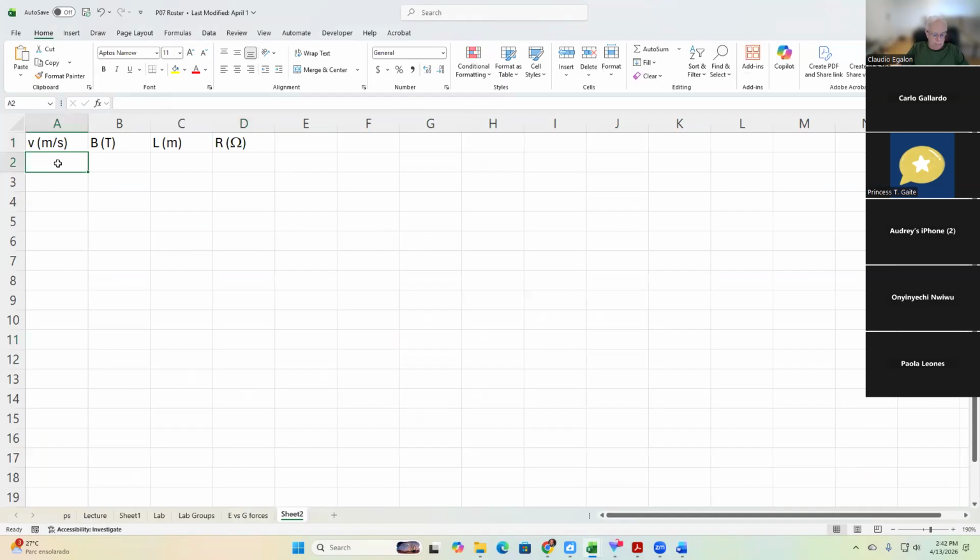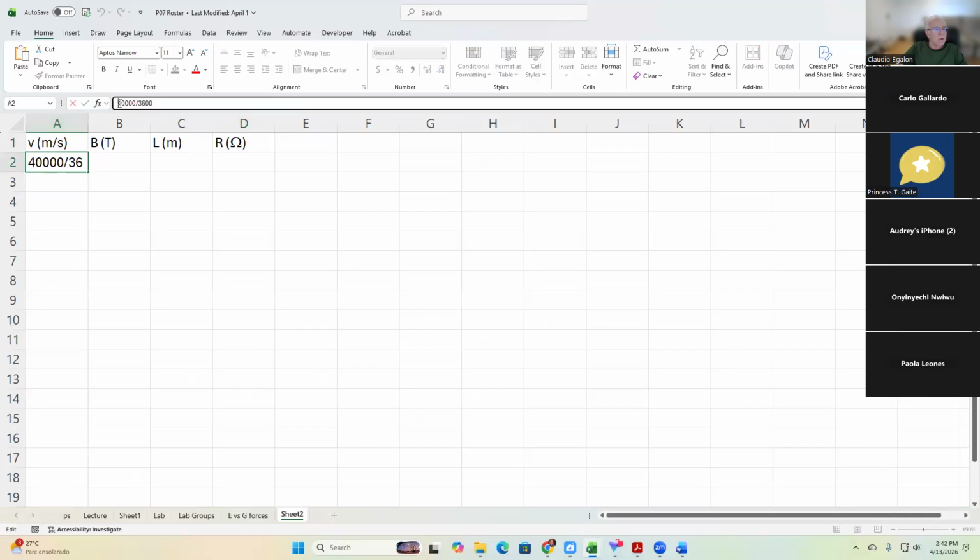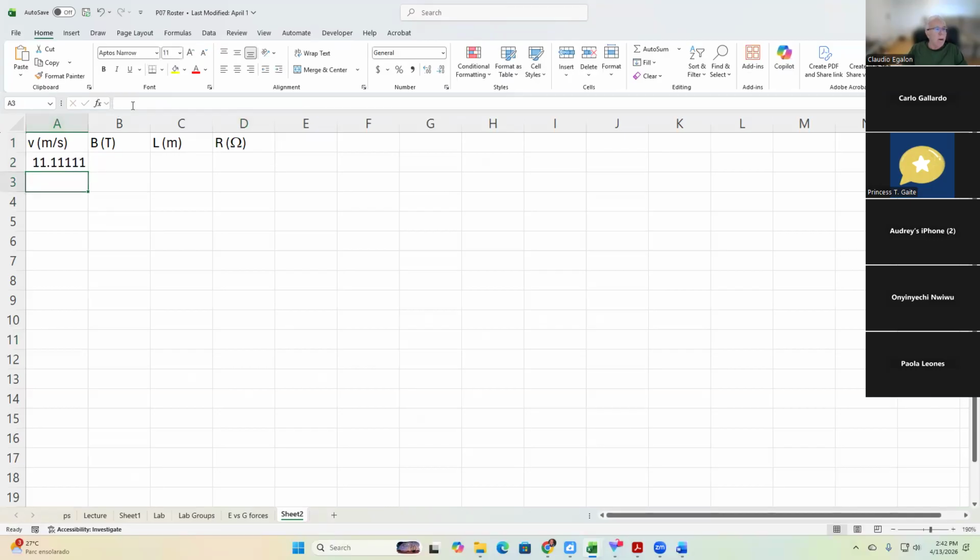I said 40 kilometers per hour, right? 40 kilometers per hour is 40,000 meters divided by 3,600 seconds, if you want to change to meters per second, right? 11 meters per second. Tesla, I said that we're going to use 60 microtesla. 60 microtesla is 60 e to minus 6.